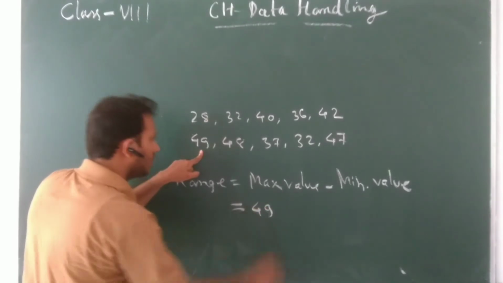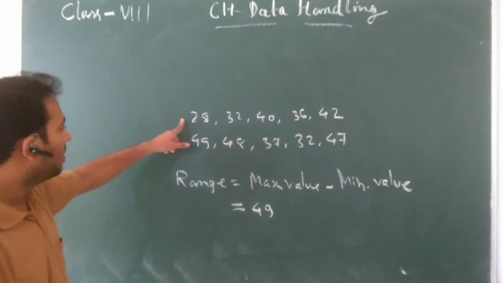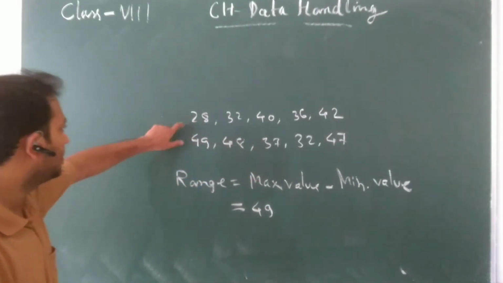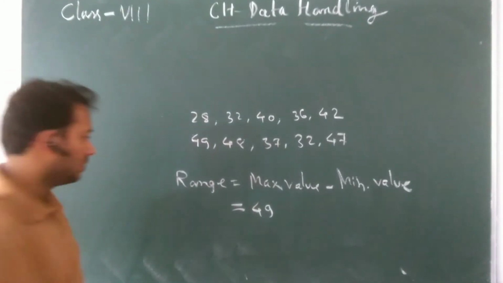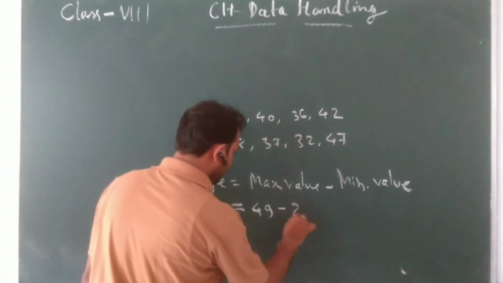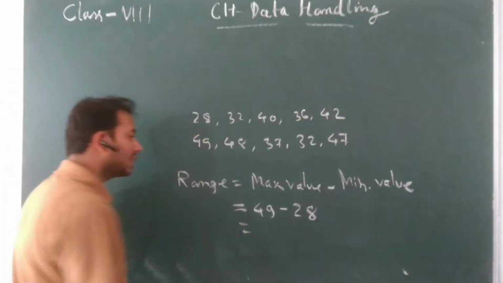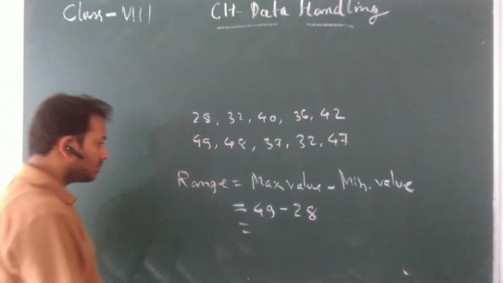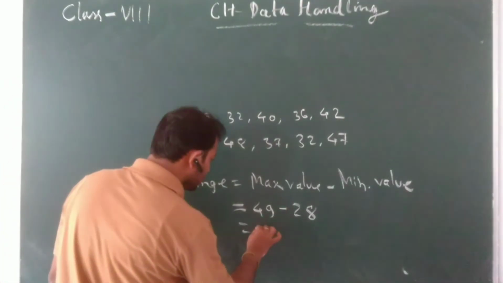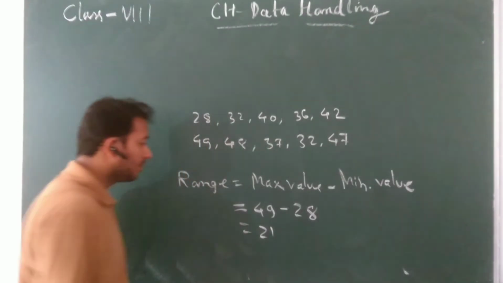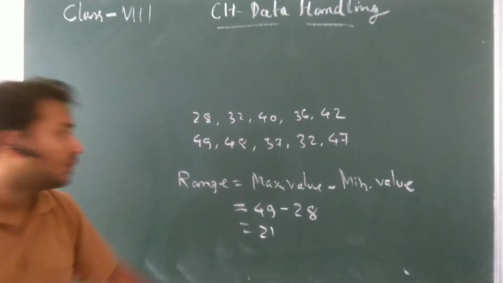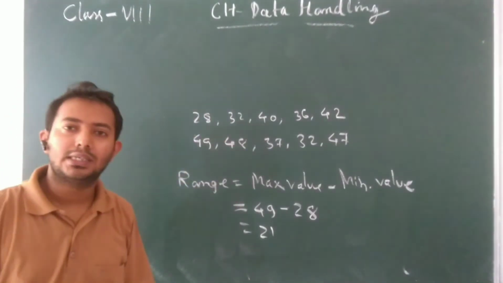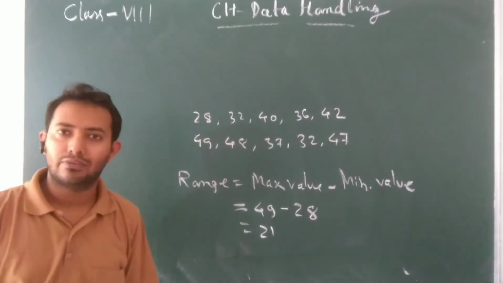Next, minimum. Yes, you can see the minimum is 28. So subtract 28. What will the result be? Our result is 21. That means the range for this particular data is 21.